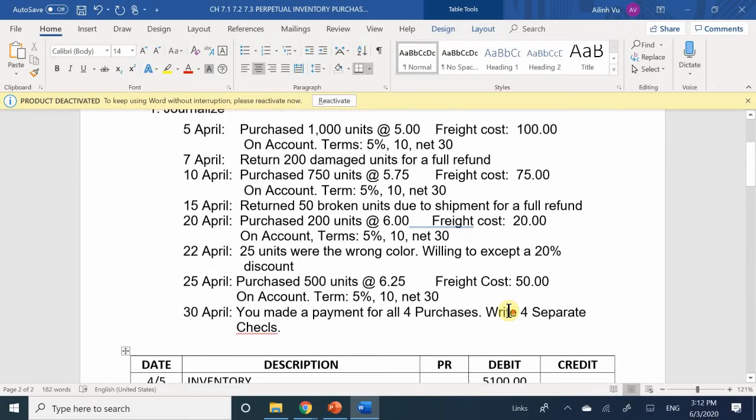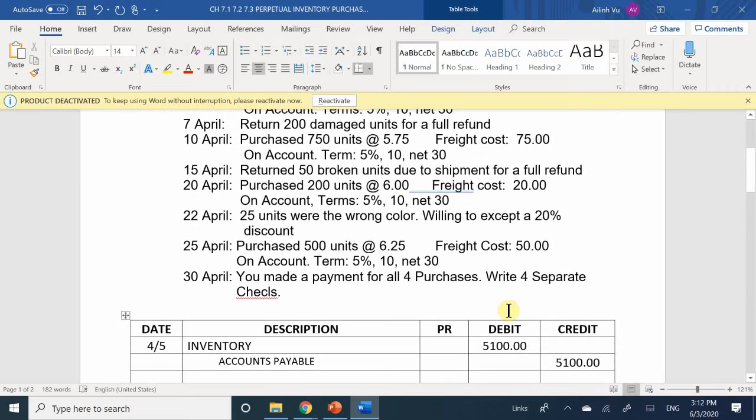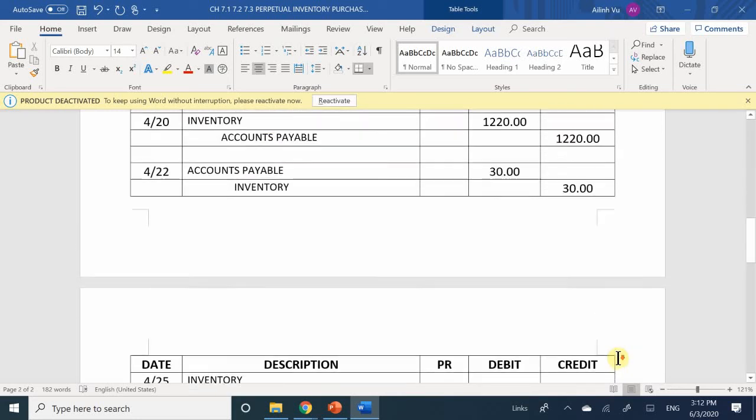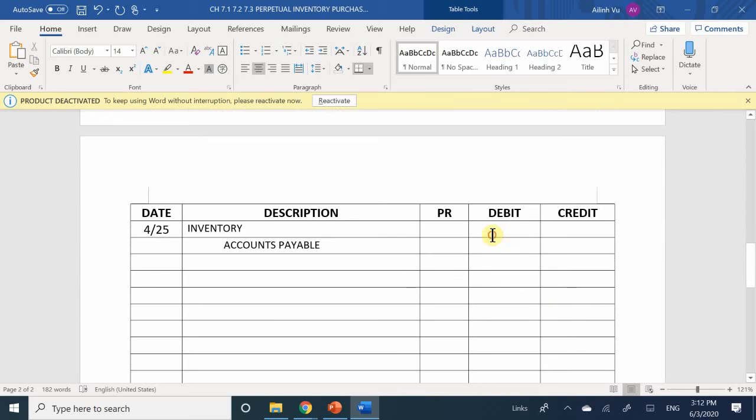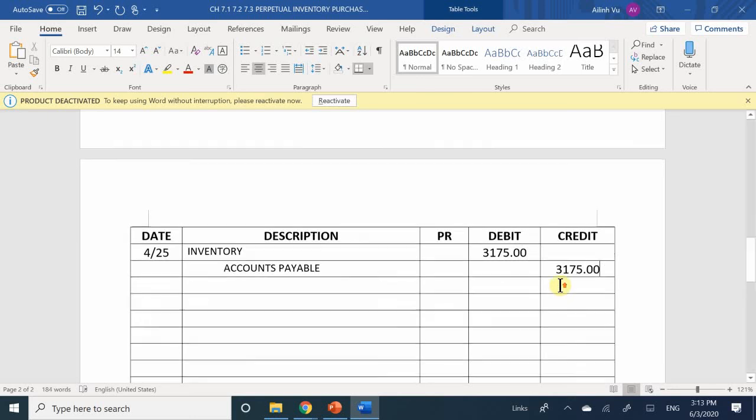So what's the amount? $3,175. And that's including the freight? Yes. Okay, so what was the number again? I'm so sorry. 3,175. Good.